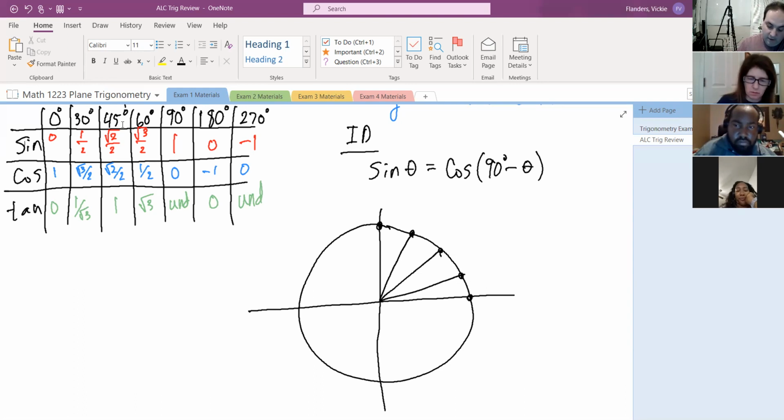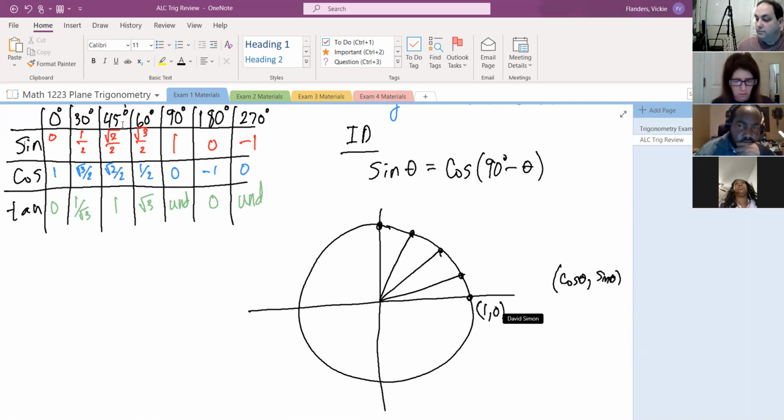So then remember, though, from before, the coordinates are always the cosine and then the sine. Okay, so then this first point right here on the x-axis is going to have the point 1 comma 0. Next, this point right here would be square root of 3 over 2 comma 1 over 2, right?